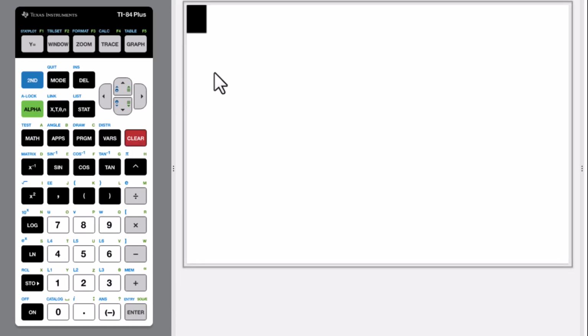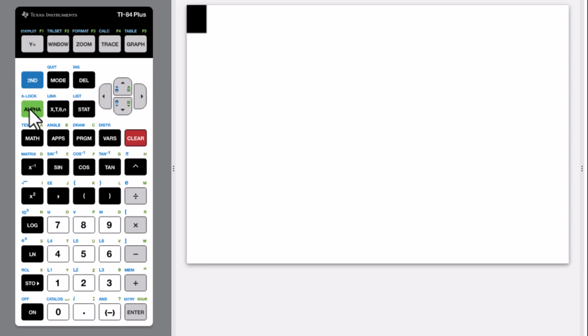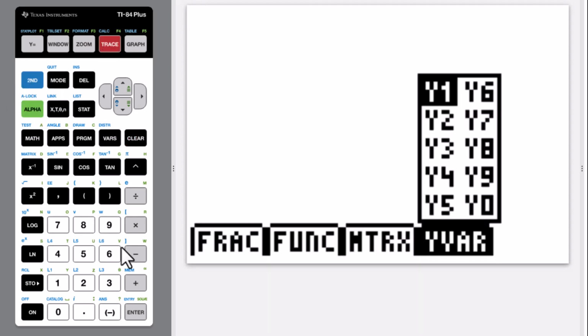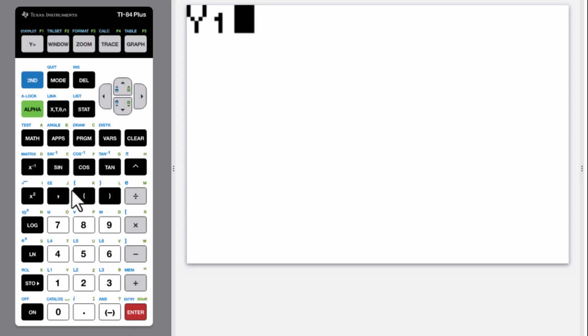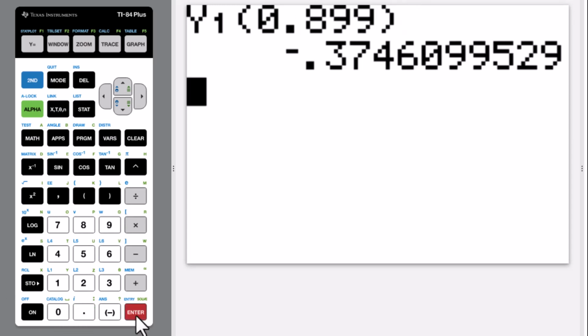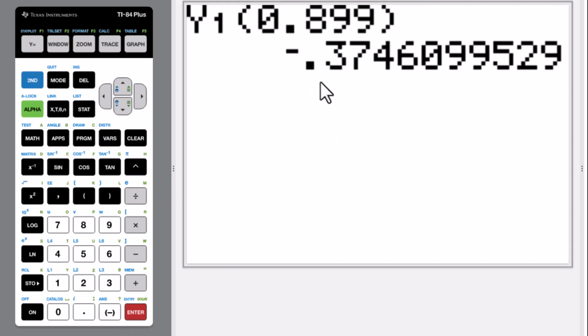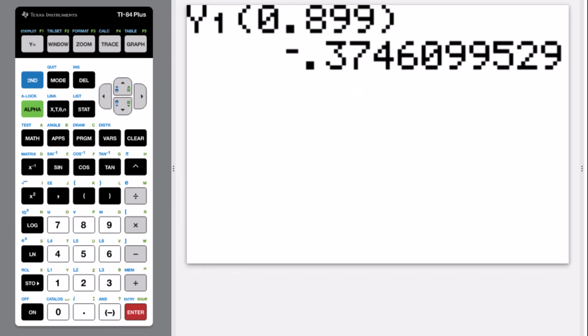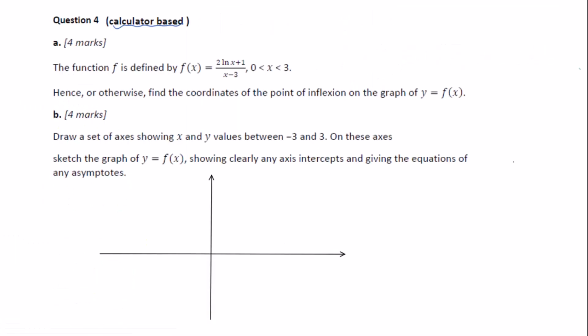For the y coordinate of the point of inflection, alpha trace y1, then parentheses 0.899, enter, negative 0.375. So how to show the work?